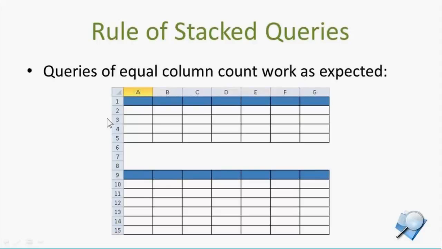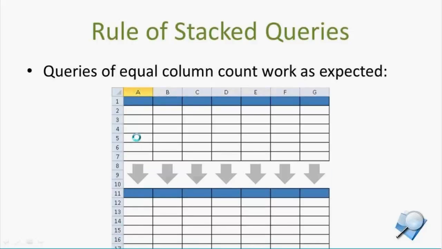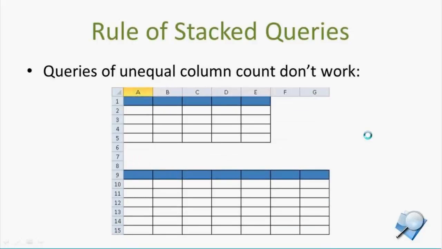So in a case like this, the query on top has 5 rows, and when I refresh the data, if more rows need to be added, it pushes the other one down the appropriate number of rows. So that works just fine. Where this can break is if we have an unequal number of columns. And you can fix this; it's pretty easy to address.